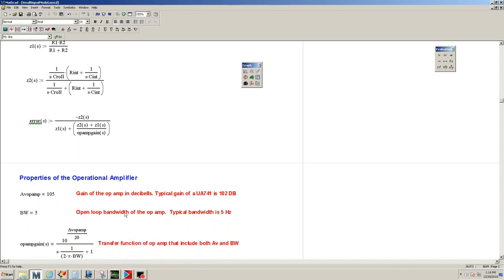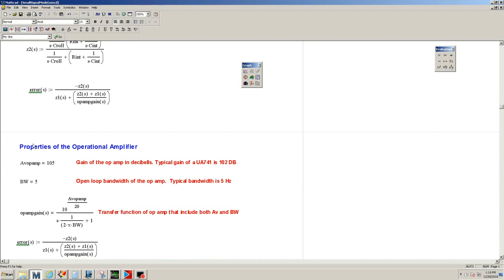This is where I define the properties of the op-amp gain. I'm saying that the gain is going to be 105 dB, and I'm going to define the bandwidth as 5 Hertz.